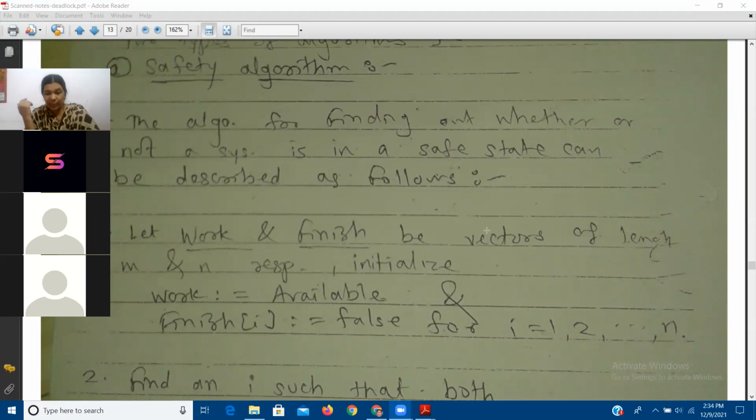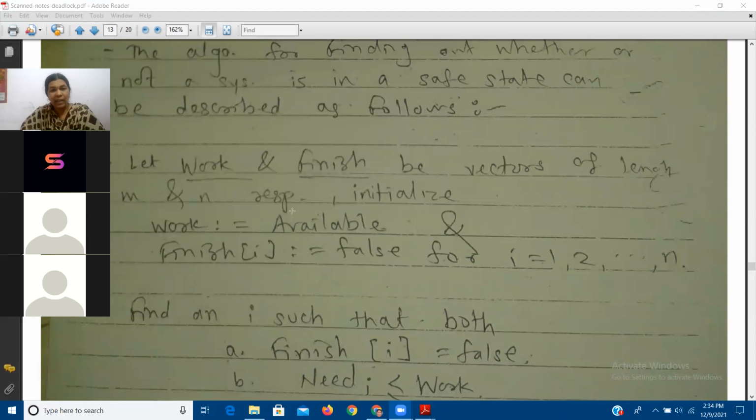Initially no process is completed, so finish is false for all the processes. So i ranges from 1 to n, and as the resources get allocated to the processes, a process is going to finish, and then finish of i becomes true, right? So this is the first step.